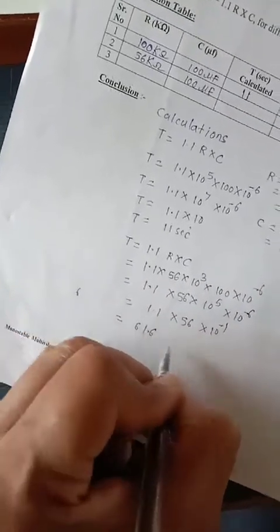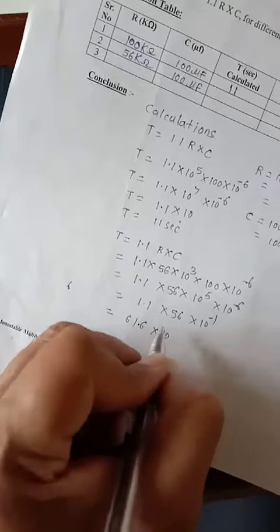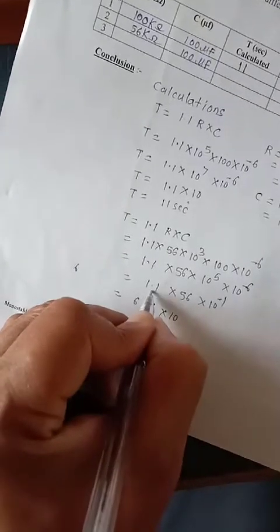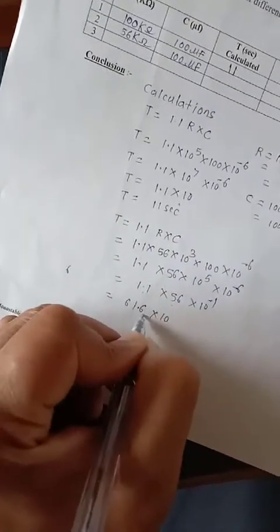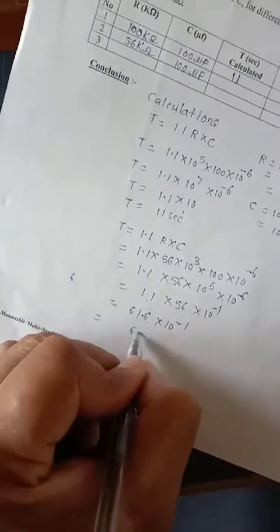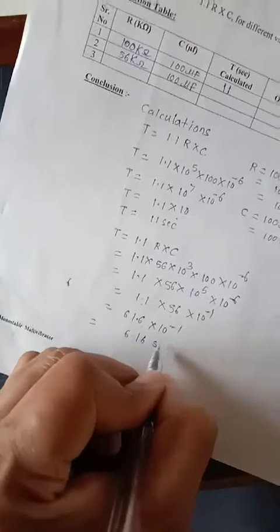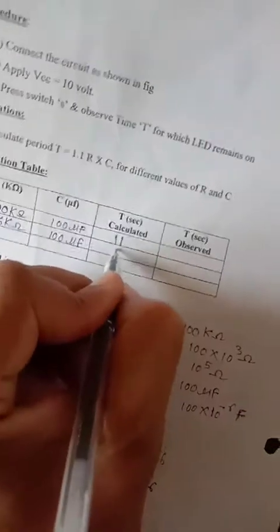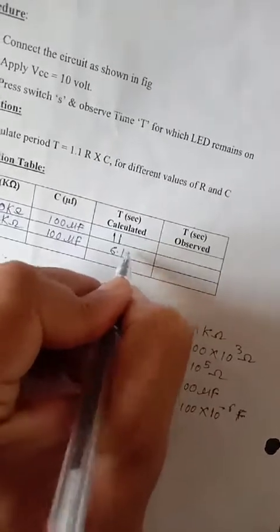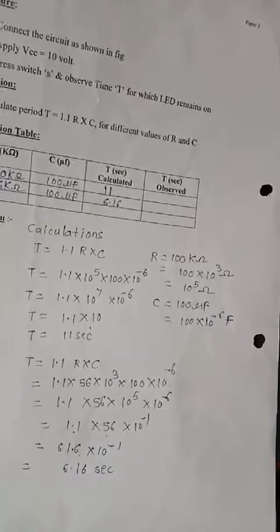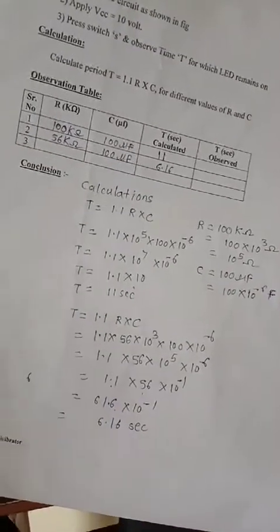So this becomes 56 into 1.1, that is 61.6 into 10 raised to minus 1, that is 6.16 seconds. Write here 6.16 seconds.